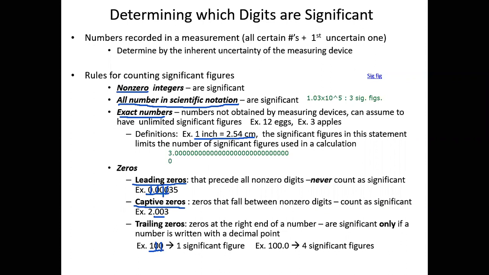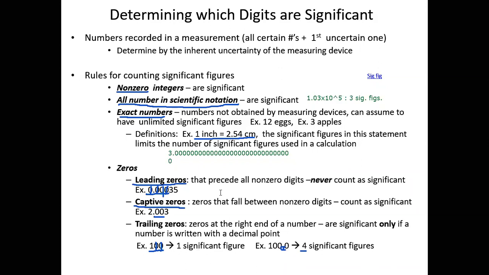However, if we put a decimal point there and we wrote 100.0, these zeros are significant now because we have the decimal point. So therefore we have 4 significant figures. So the only way trailing zeros can be significant is if there is a decimal point. If there's no decimal point, then they can't be significant.